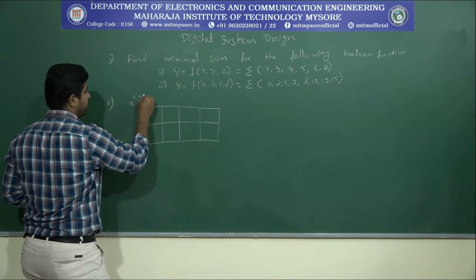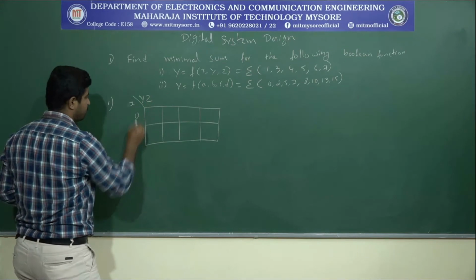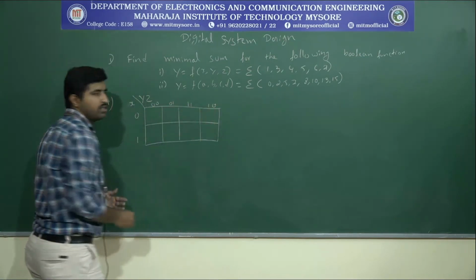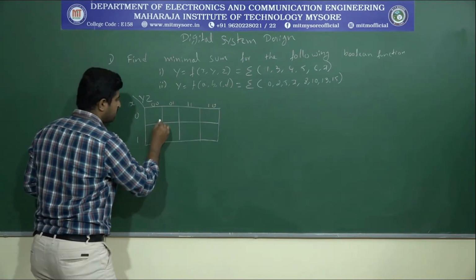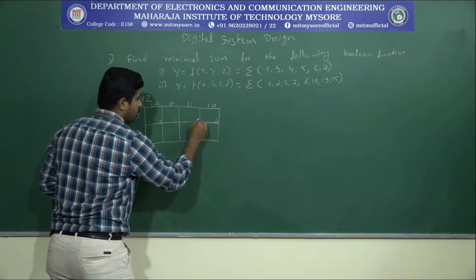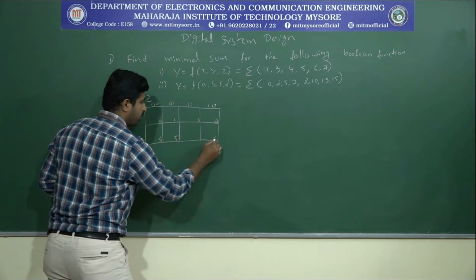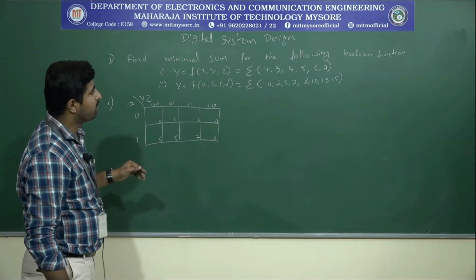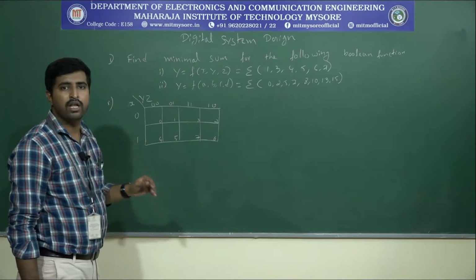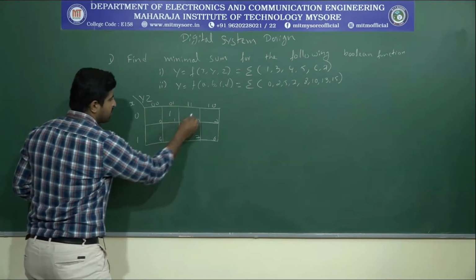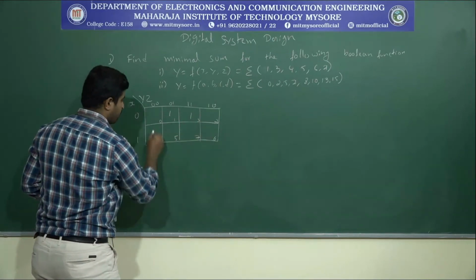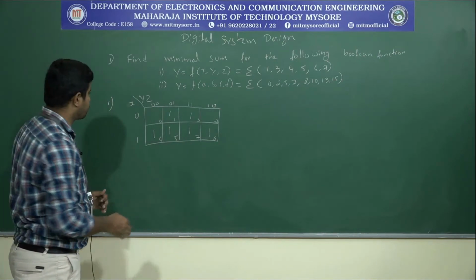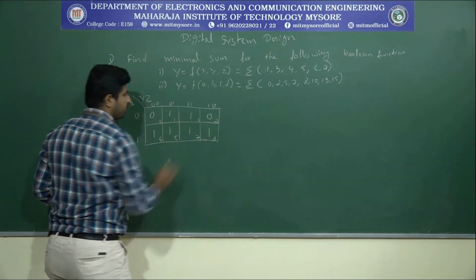XYZ, with 0, 1, 0, 0, 0, 1, 1, 1, 1, 0, and the cell numbers are 0, 1, 2, 3, 4, 5, 6, 7. The cell values corresponding to 1, 3, 4, 5, 6, 7 will be logic ones. So let's place those, and the remaining will be logic 0.